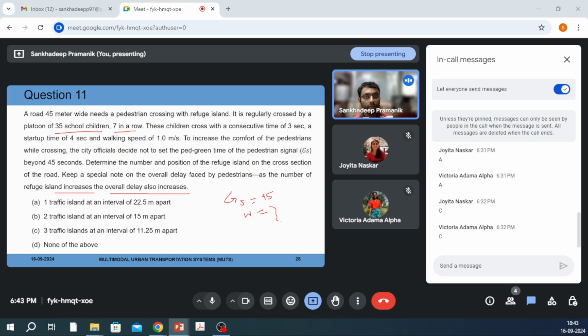In this question, it is said that to increase the comfort of the pedestrian while crossing, the city official decided not to set the pedestrian green time of the pedestrian signal, that is GS, beyond 45 seconds, and it will also minimize the delay.